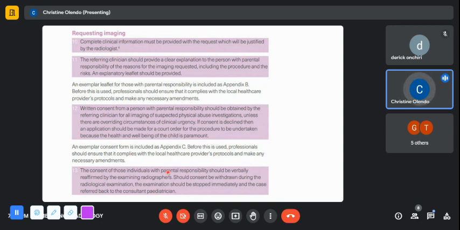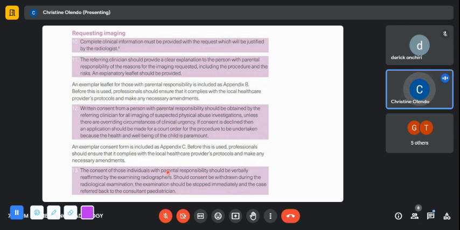So, requesting imaging, you must have complete clinical information provided with a request, which will be justified by the radiologist. The referring clinician should provide a clear explanation to the person with parental responsibility of the reasons for the imaging. Then written consent from the person with parental responsibility should be obtained.